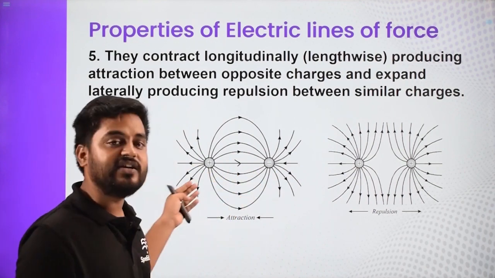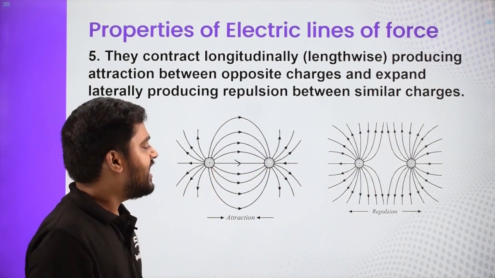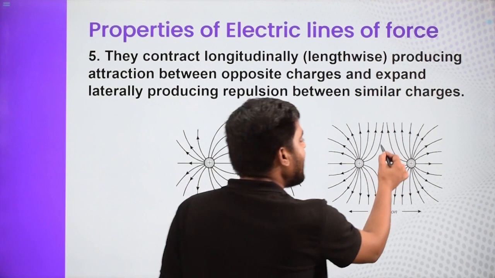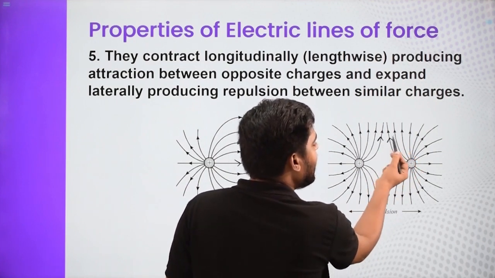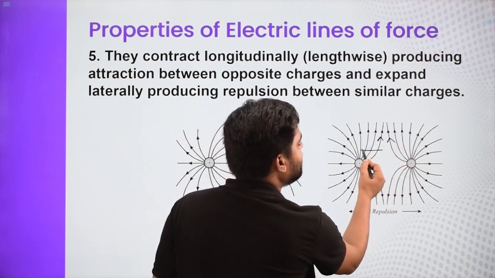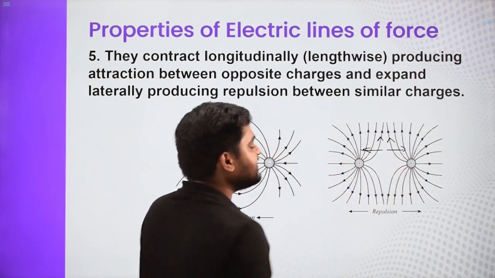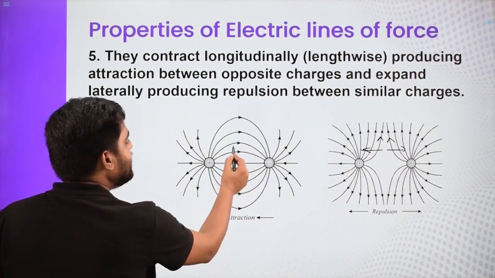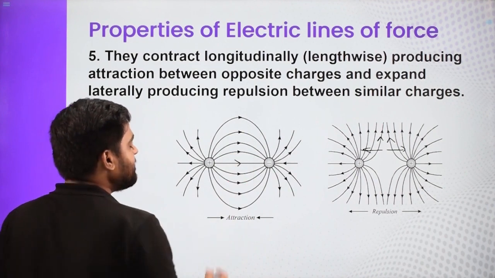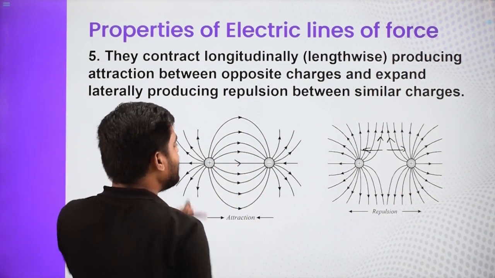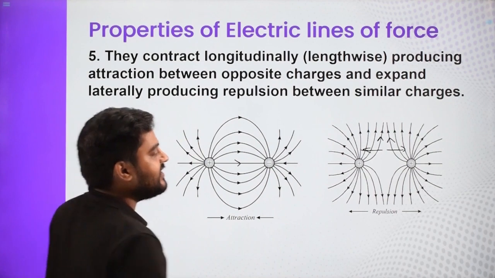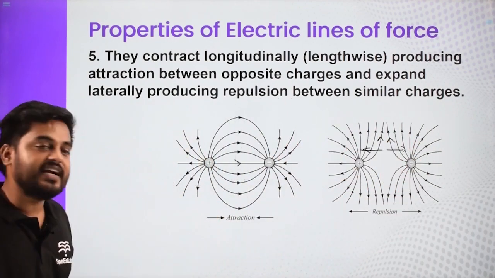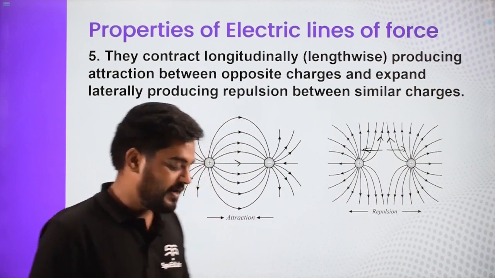This is a field pattern due to a positive and negative charge, and this is a field pattern due to two positive charges. So here two field lines going in the same direction kind of repel each other, and hence they will produce the repulsion between both the charges here. And here the field lines are kind of trying to contract and here they are kind of trying to expand. So we will say here they are producing attraction and here they are producing repulsion.